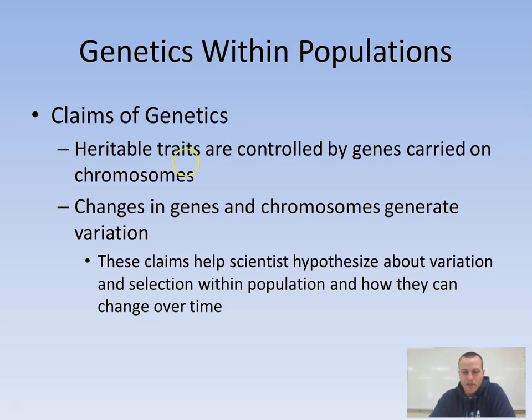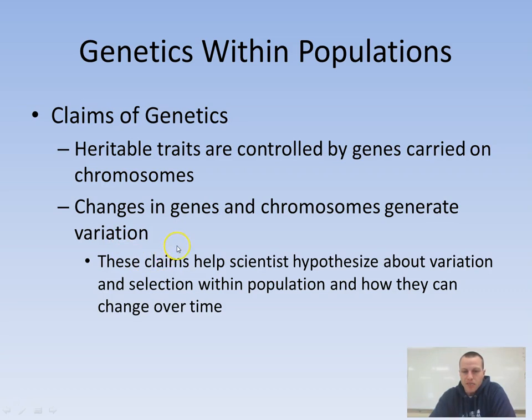The human population has a huge variation within it. Look at the height of people in your class. That's what we're going to be looking at today, this variation within a population, what causes variation, and how this variation could change over time.